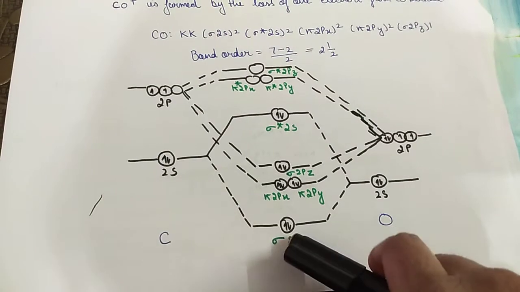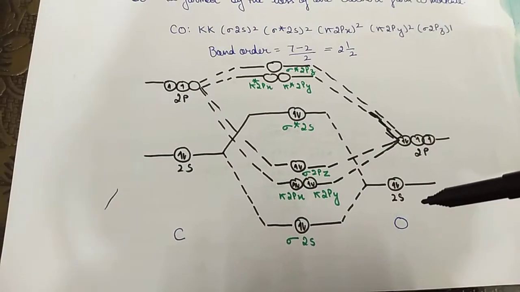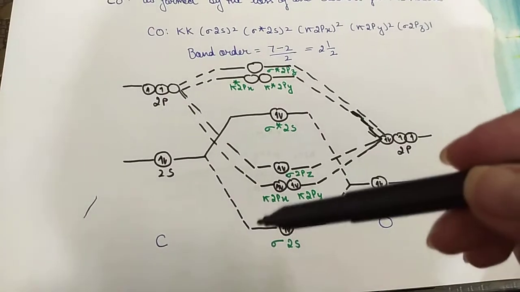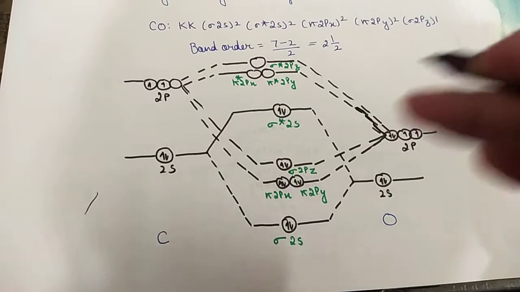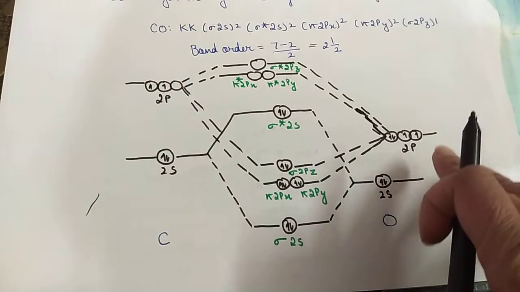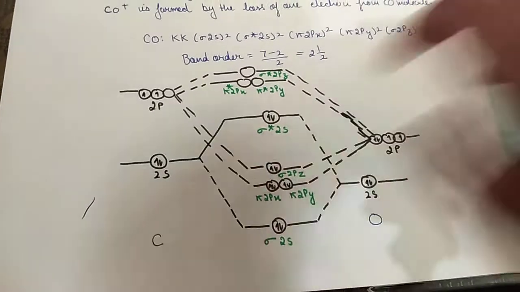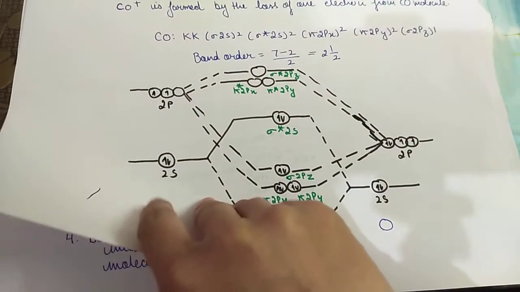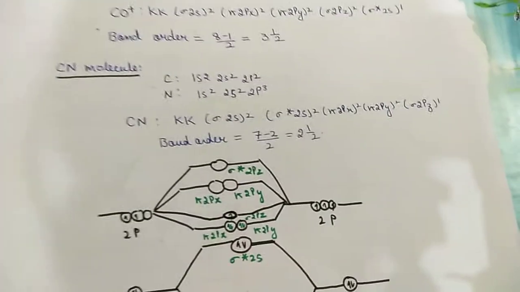It becomes higher in energy than these two, because oxygen is more electronegative as compared to carbon. So the bonding electrons all lie more near the oxygen as compared to carbon. Then next we have the electronic configuration for carbon monoxide positive.